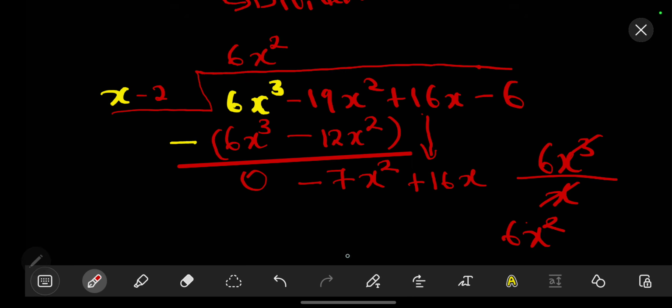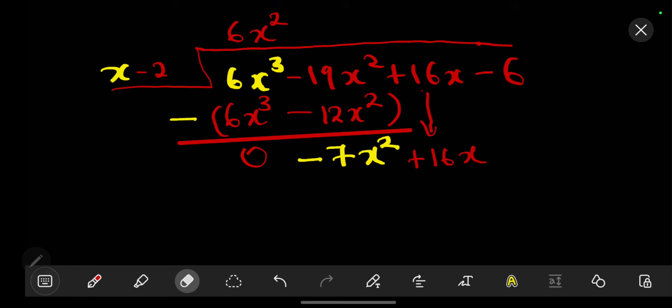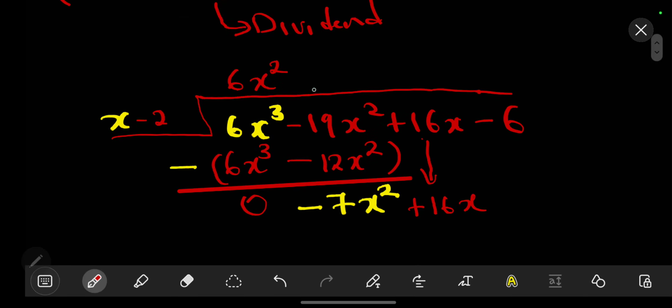We take our negative 7x squared and get the highest power here, which is our x. We divide, it will cancel like that, and we are going to remain with a negative 7x. This negative 7x shall be written on top. So we have negative 7x, like that.